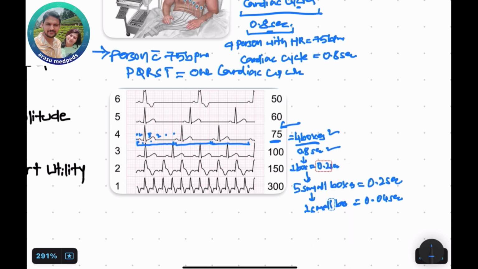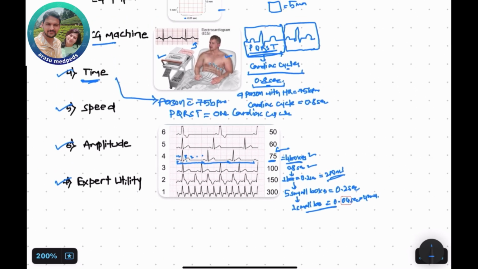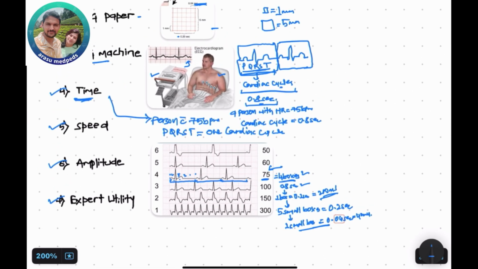That's how they got that one large box is equal to 0.2 seconds, that is nothing but 200 milliseconds, right? And one small box was 0.04 second, that is 40 milliseconds. This is how they got the timing about the boxes. Hope you all got the point without any confusion.